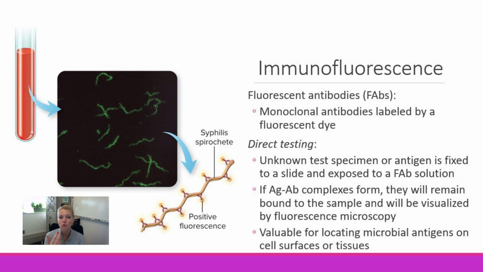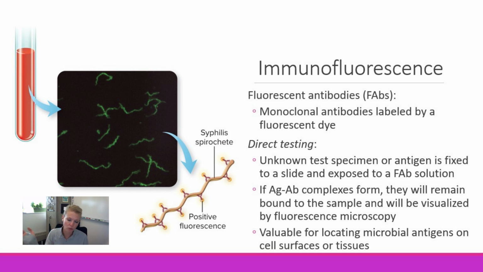This is the direct testing method of immunofluorescence, where a sample is taken from a patient, or it could be from an organism, and we don't know if a certain protein is there or not. We add monoclonal antibody that is specific for that antigen.